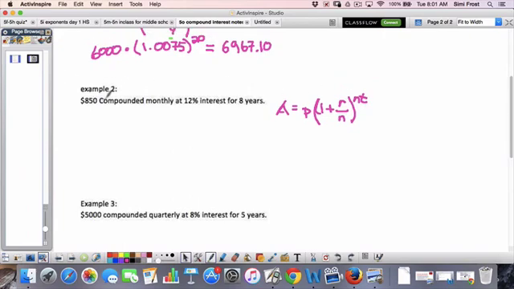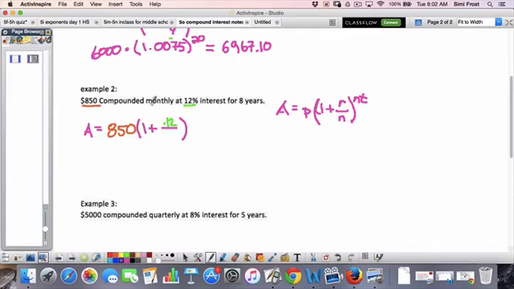And then coming down here, it's just a matter of plug and chug. We have A amount equals 850, which is our principal, times, wrote in the skeleton here of the rest, times 1 plus our rate, which we're going to turn into a decimal, so we have to move the decimal point twice to the left, 1, 2, over the number of times it's compounded per year.